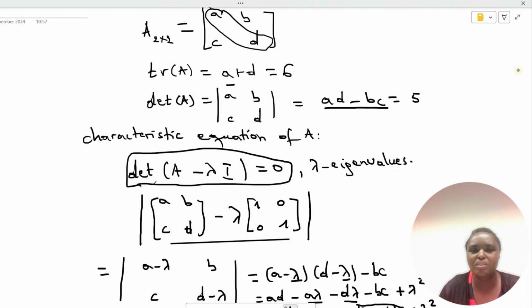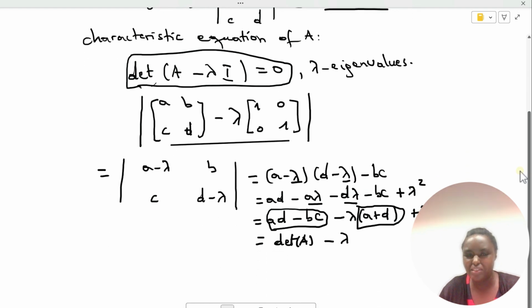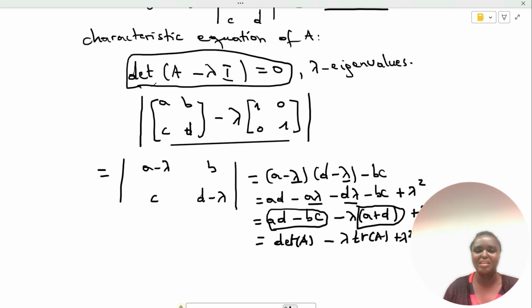A plus D was the trace of A. So then it is minus lambda times the trace of A, and plus lambda squared. Yes, that's the characteristic equation.